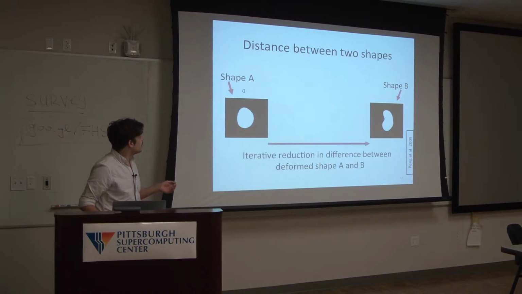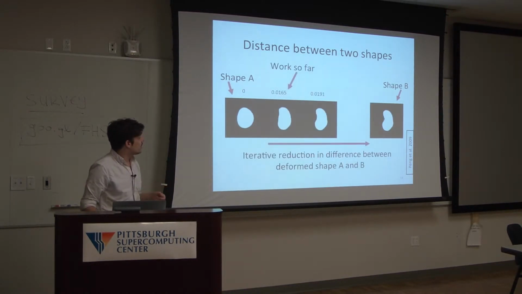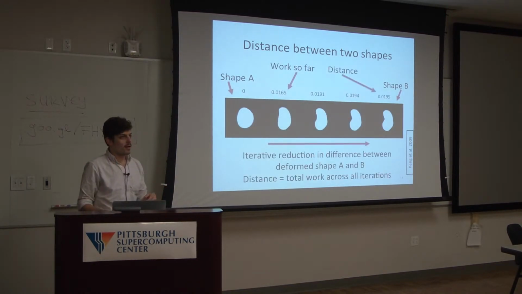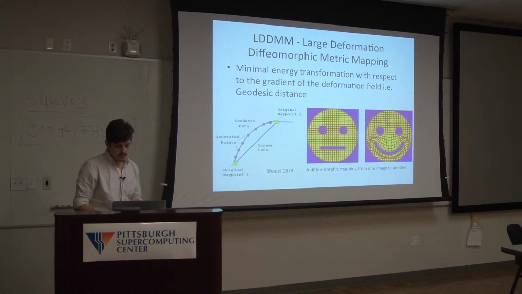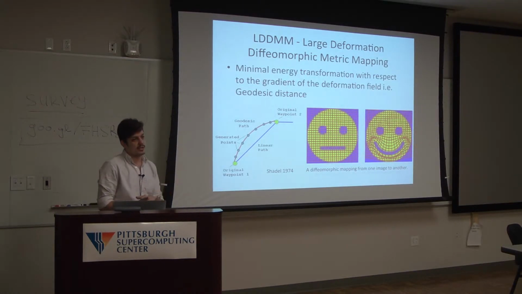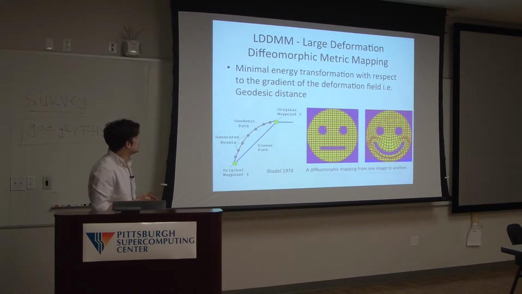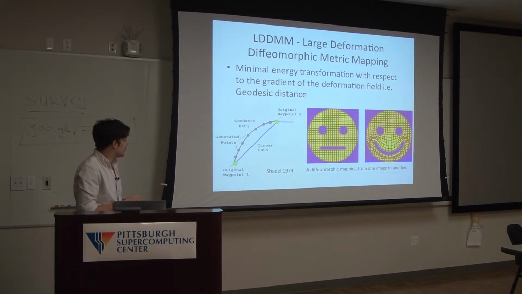And this example we already saw with Bob, where we essentially push and pull at different locations of these images such that we can smoothly transition from one shape to another. And this pushing and pulling is according to a minimal energy transformation with respect to the gradient of the deformation field.